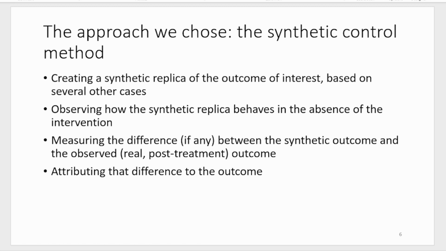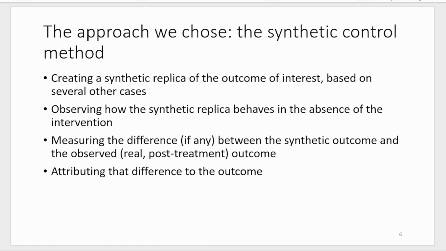So how we create our controls: our outcome is the flow of asylum seekers of nationality X. Let's imagine Ivory Coast. I'm actually going to show some data on Ivory Coast. The intervention is the European Union external dimension instrument with the country of nationality, Ivory Coast. In our case, it would be an informal return agreement with Ivory Coast signed in 2018. The synthetic control is a linear approximation, a sort of weighted average of the top 50 nationalities of asylum seekers, of the case of Ivory Coast nationals.